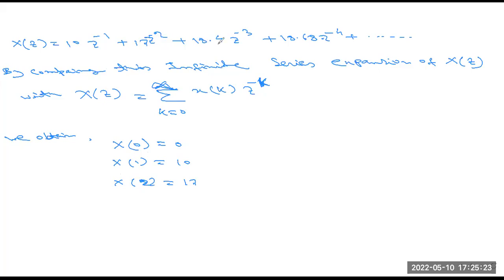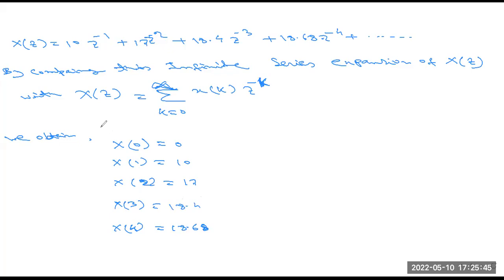X of 3 is 18.4. Then x of 4 is also 18.68. And so on. So this process continues up to infinity.